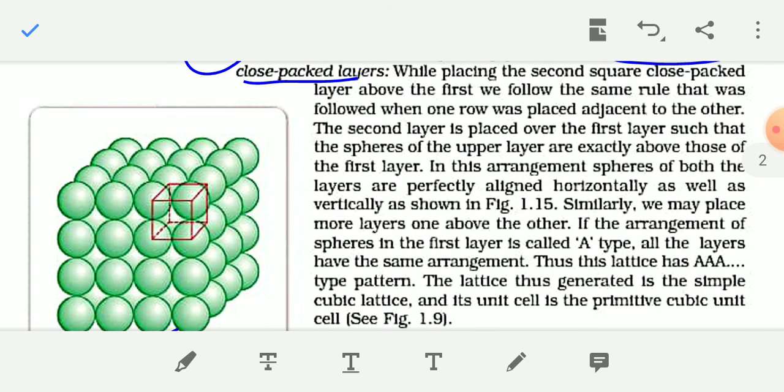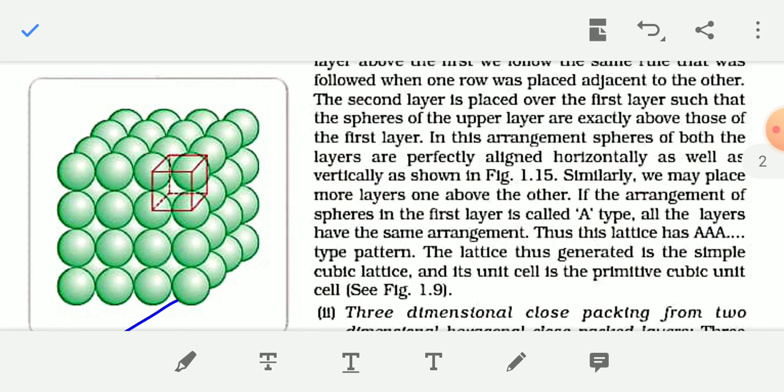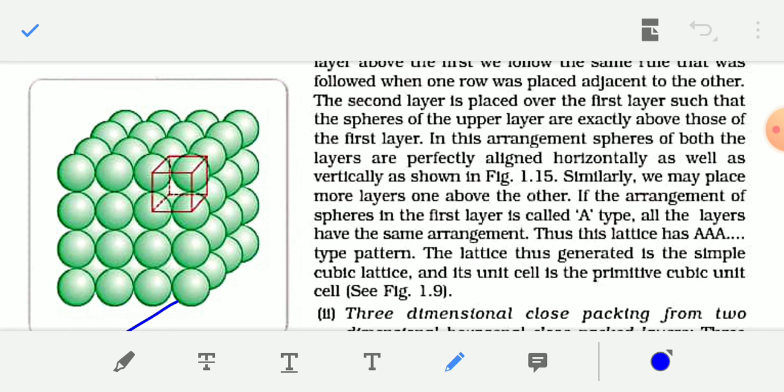The second layer is placed above the first layer, exactly above the first layer, such that the spheres of the upper layer are exactly above those of the first layer. In this arrangement, spheres of both layers are perfectly aligned horizontally as well as vertically. Similarly, we may place more layers one above the other.